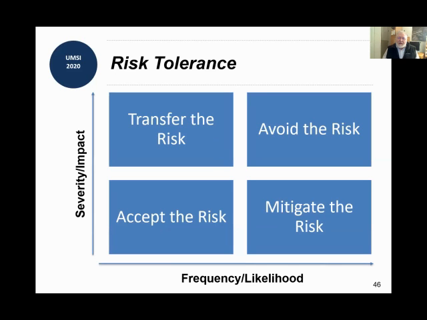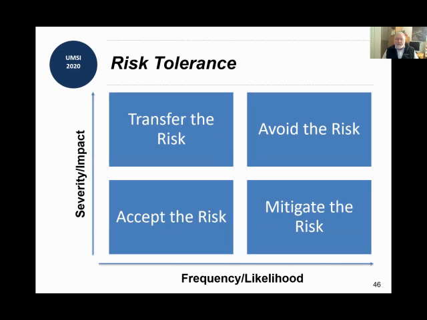And a risk tolerance framework, a typical way to look at this is if you identify each of your risks and ask, how likely is this to happen, which is the x-axis here, and then how much impact would it have if it did happen?